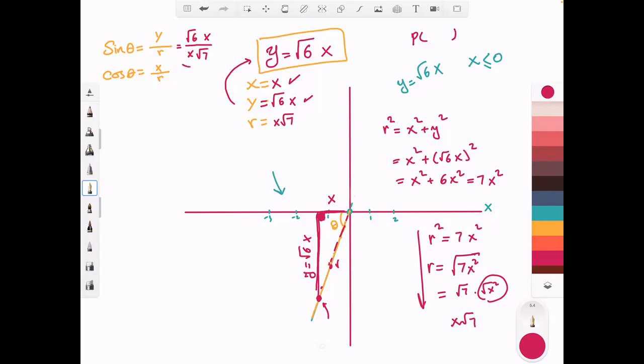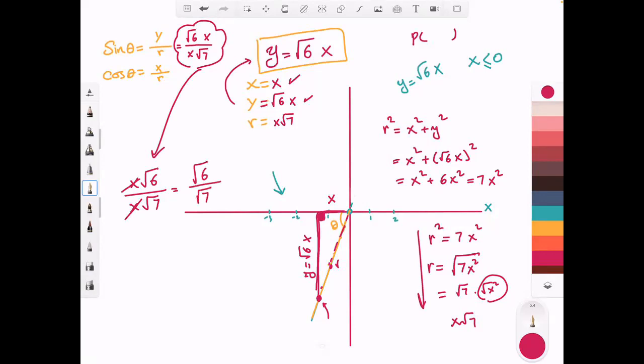So I'm going to bring this over here to break it down. So we have x root 6 over x root 7. X will cancel, correct? For sure will cancel. Now we have root 6 over root 7.